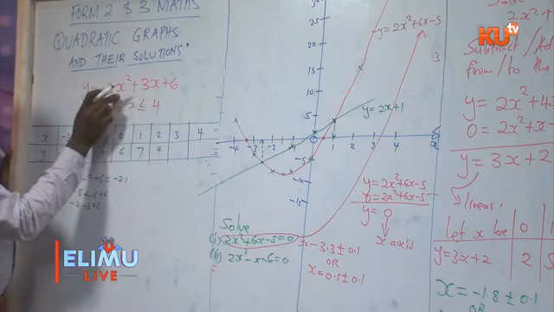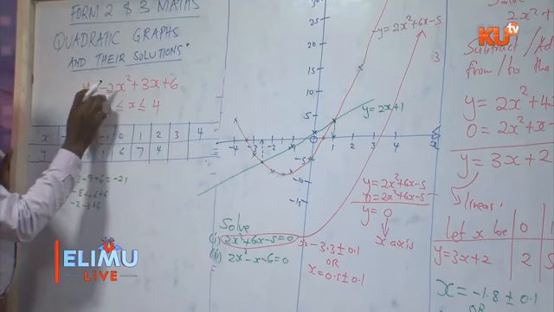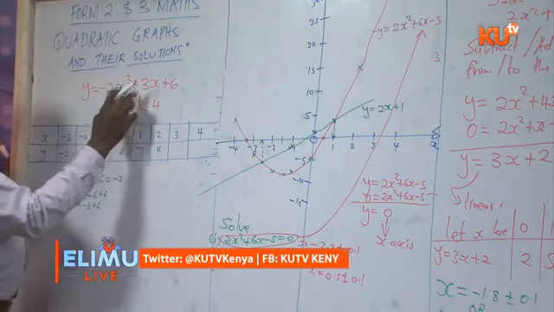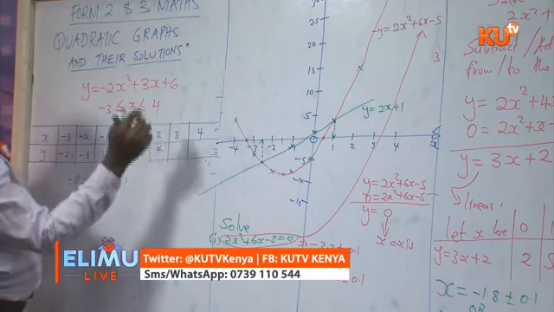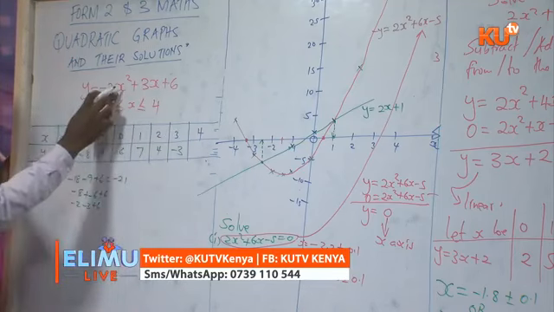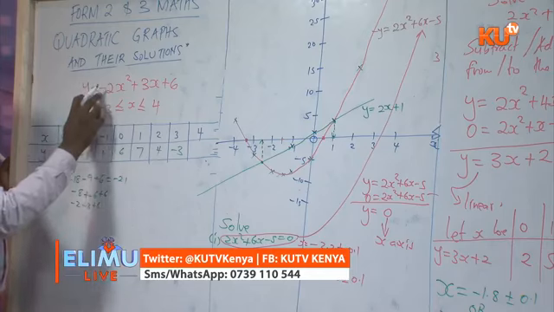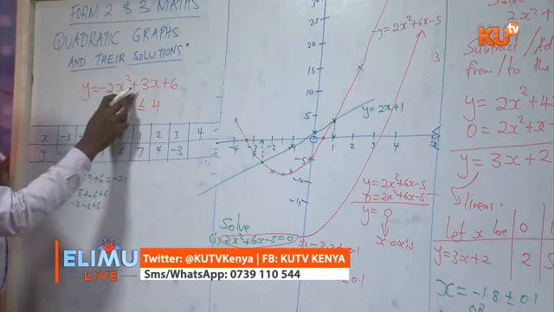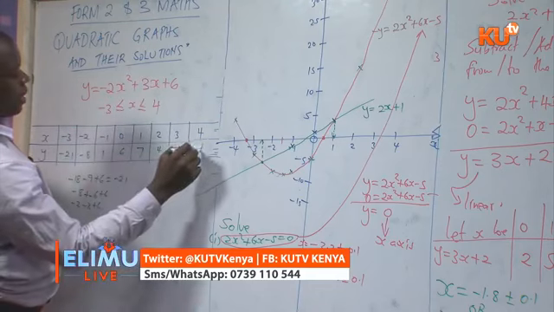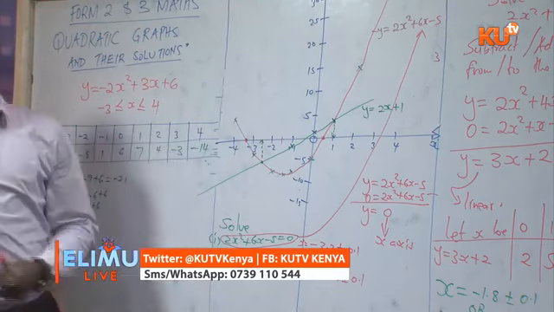This is 3. This is 9. This is -18 plus 9, -9 plus 6, -3. This is 16. Therefore, that is -32. -32 plus 12 is -20 plus 6 is -14.